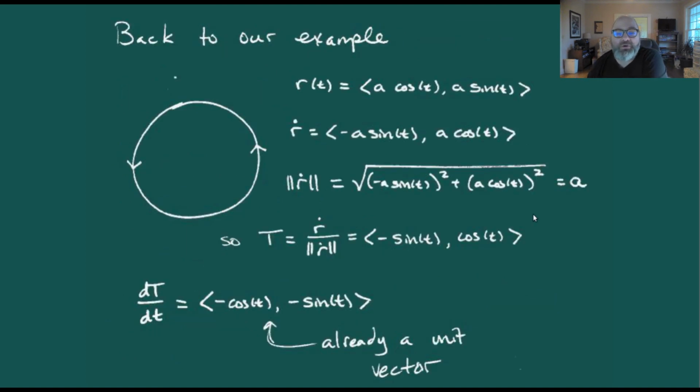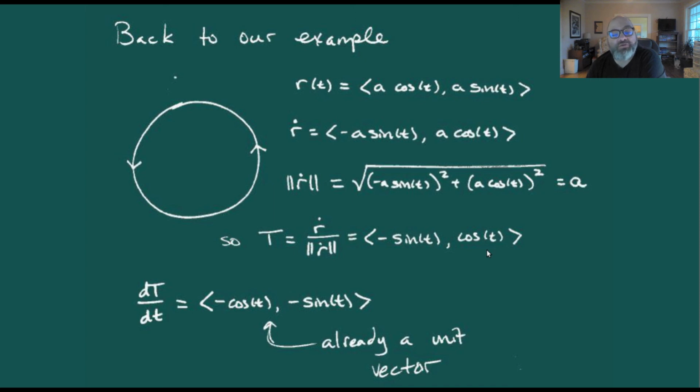So if we come back to our example, we've got our parameterized curve, a cosine t, a sine t. We take the derivative of that, so we get a minus a sine and an a cosine. Well, the length of that just reduces to a. So our unit tangent, r dot over the norm of r dot, is just negative sine, cosine.